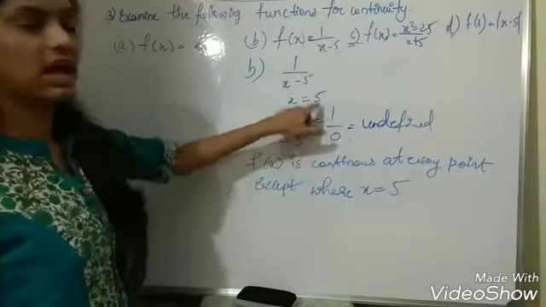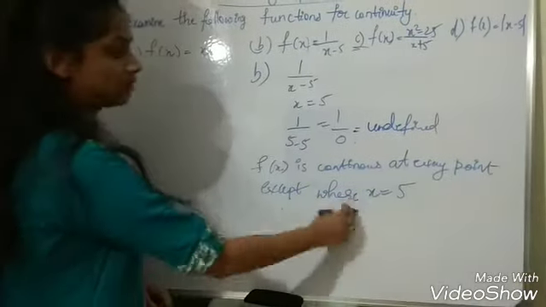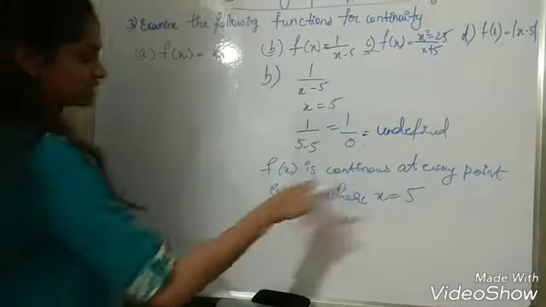But if it is 5, it will become undefined. So f of x is continuous at every point except where x is equal to 5.